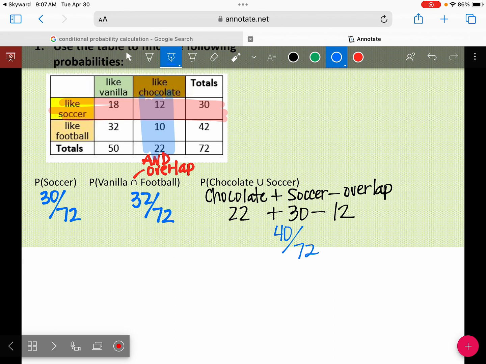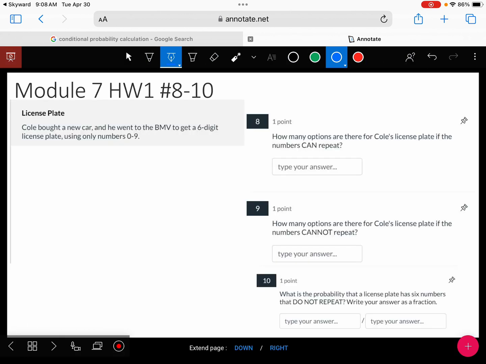All right, go ahead, take out your devices and pull up homework 1. I want to do the last 3 questions together, questions 8, 9, and 10. So go to our home page, take out your devices, iPads, laptops, whatever you're using. Go to homework 1. I only want to do 8 through 10 together. I'll give you a moment to get that pulled up.